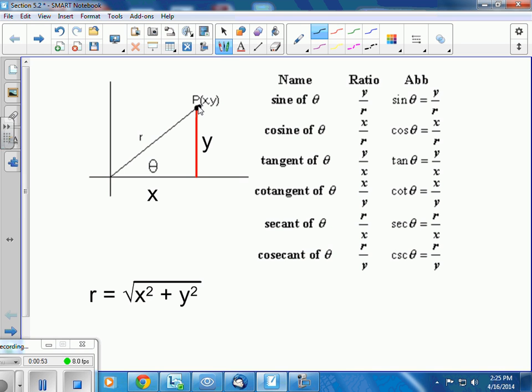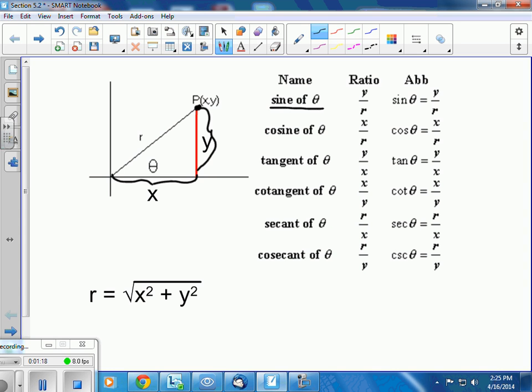Well, once you've labeled that point xy, you'll know already that the length is x and the height here is going to be y. From that, we will then get our 6 trig functions.